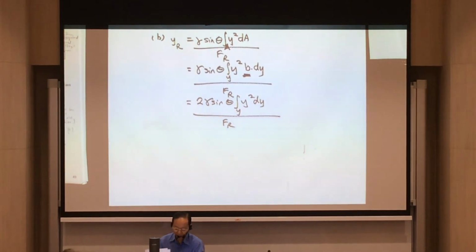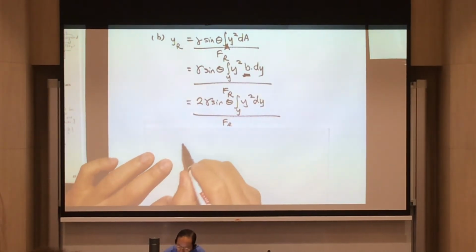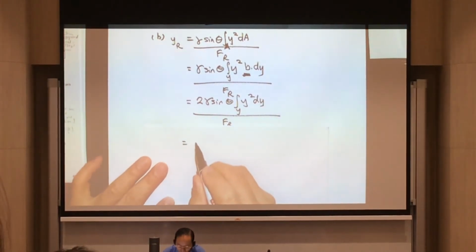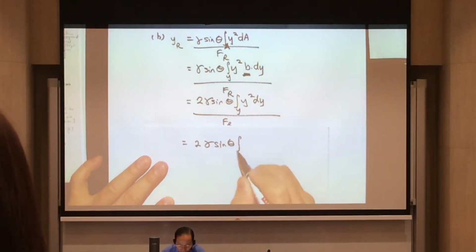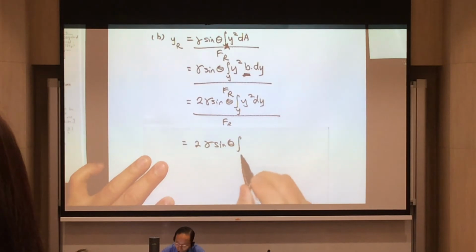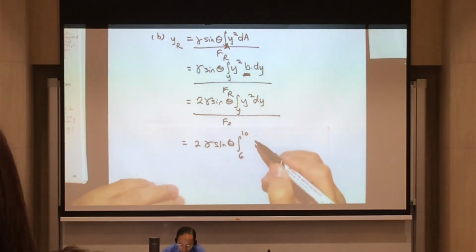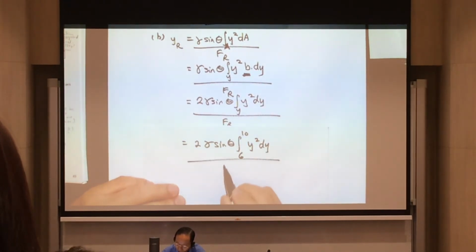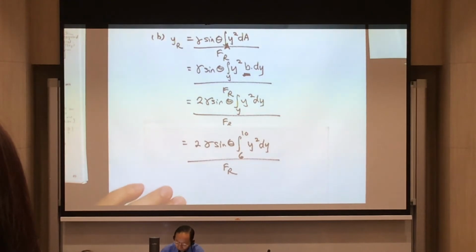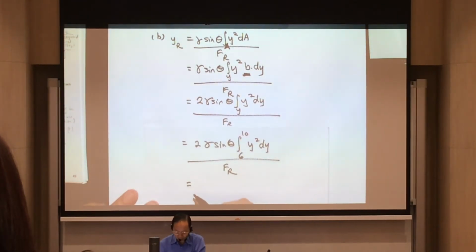So just as before, you just carry out the integration, and let me just rewrite this. This is equal to 2 gamma sine theta. So again, you integrate across y, from 6 meters from the origin to the 10 meter point from the origin, y squared dy over FR. And if you do that, I skip the steps.